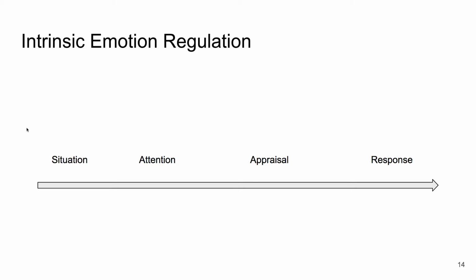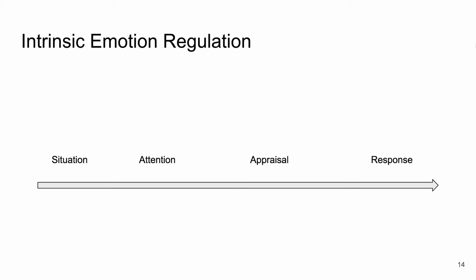Okay, so we are back talking about intrinsic emotion regulation, and one of the easiest ways to introduce the different strategies is to maybe give a specific example. Here I am using a very basic model that has been used a lot in the affective science literature.